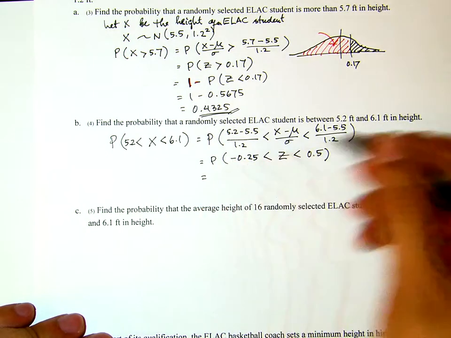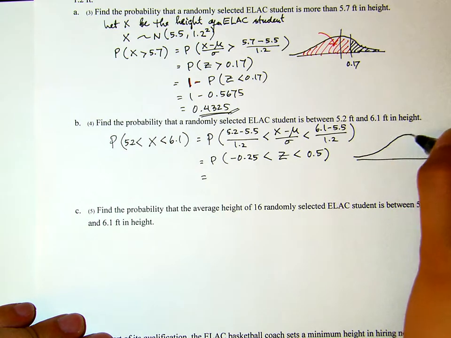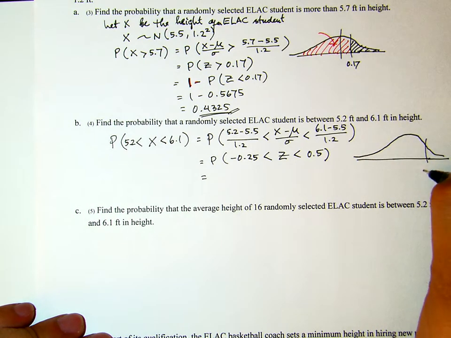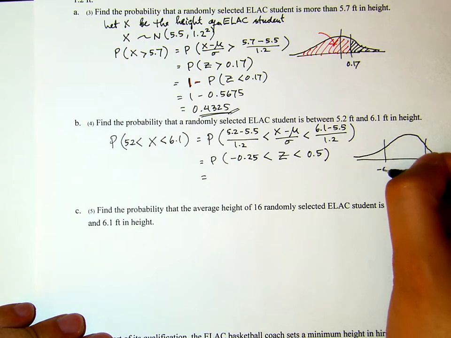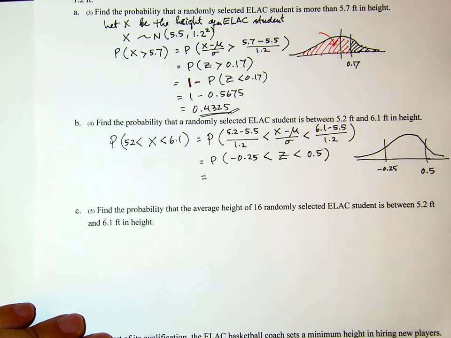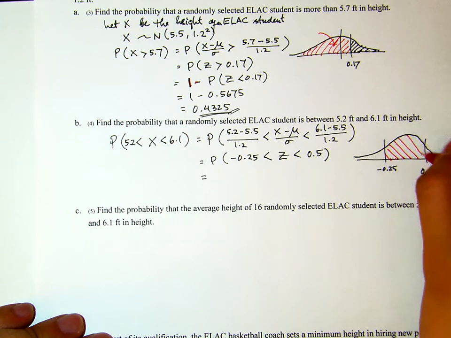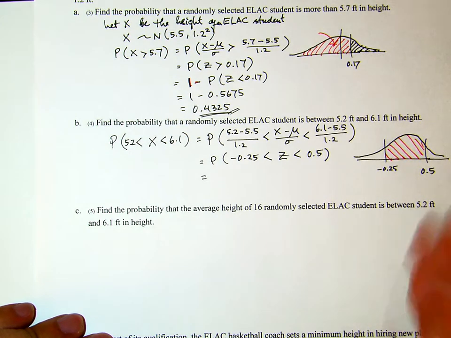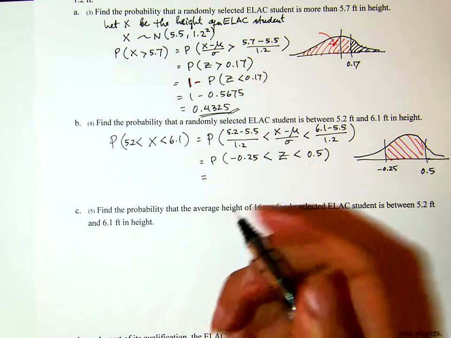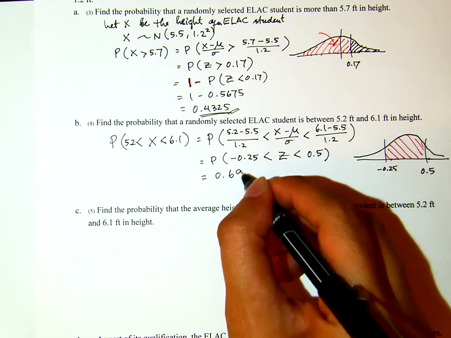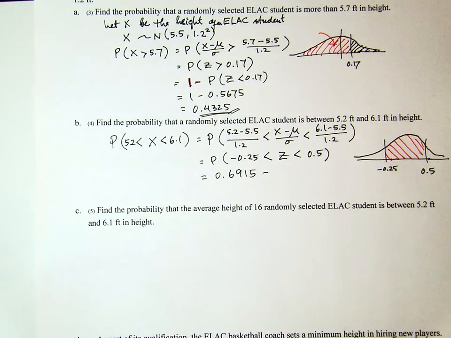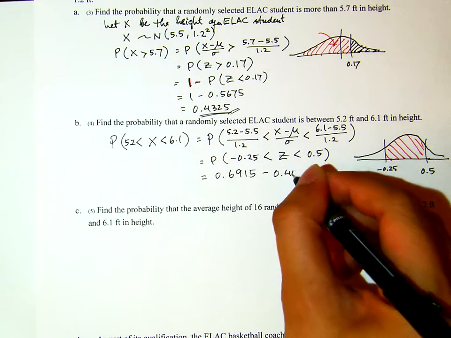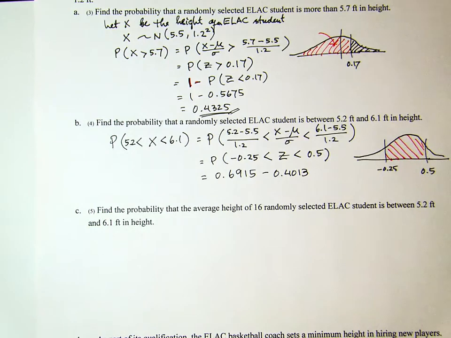Again I look at the table. Let me sketch the curve first. This is 0.5 here, and this is negative 0.25. We need the area in between. The area to the left of 0.5 is 0.6915, minus the area to the left of negative 0.25, which from the table is 0.4013.